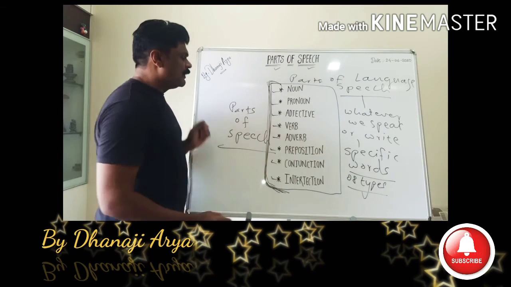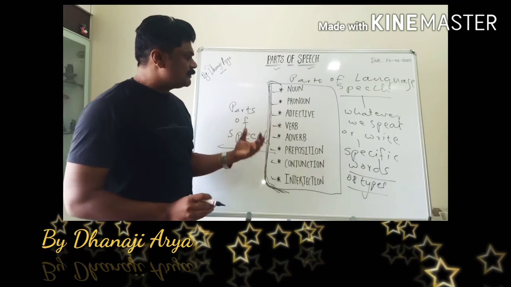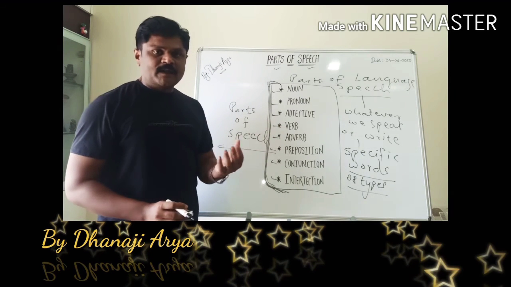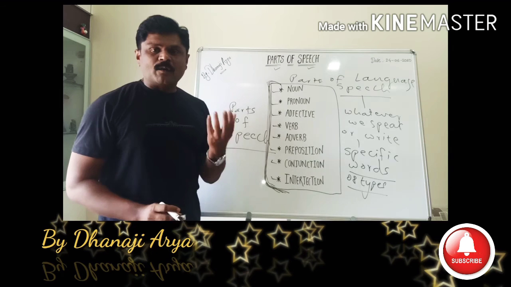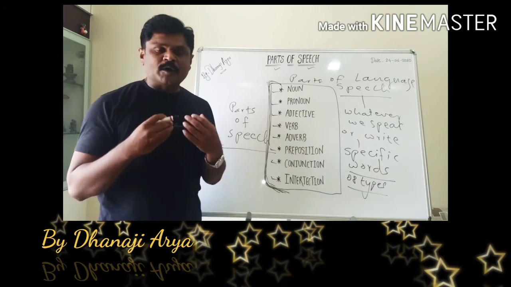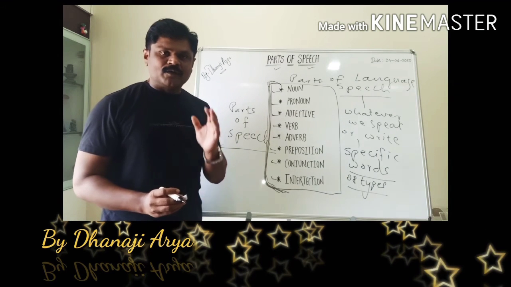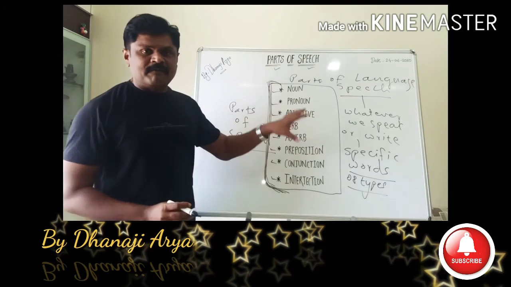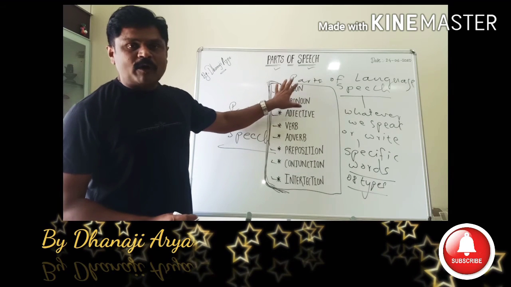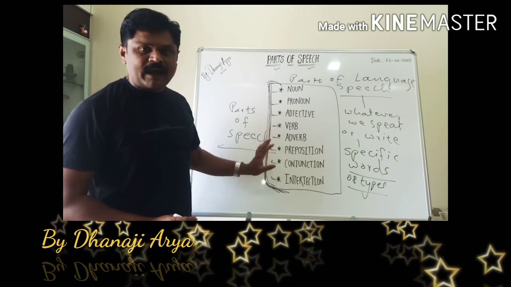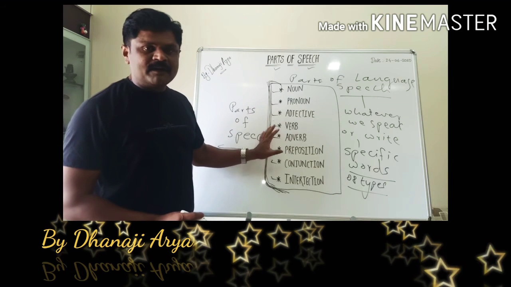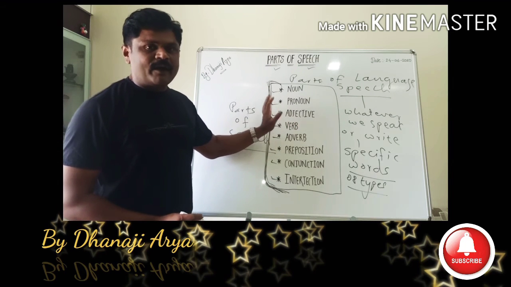All these 8 types of words will come together, and we can prepare any text, any speech, or whatever we want to speak or write. So what is essential? First, we have to understand what these 8 words are. Without these 8 words, we cannot speak, we cannot write.